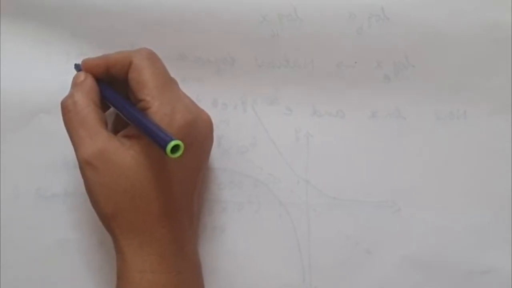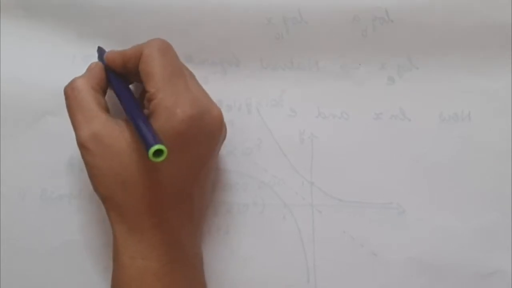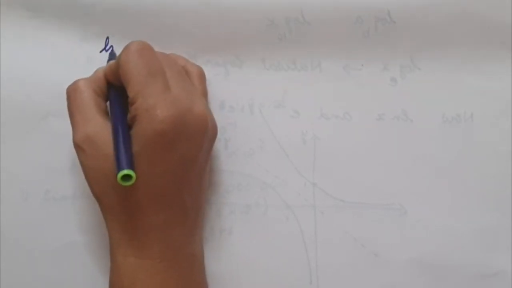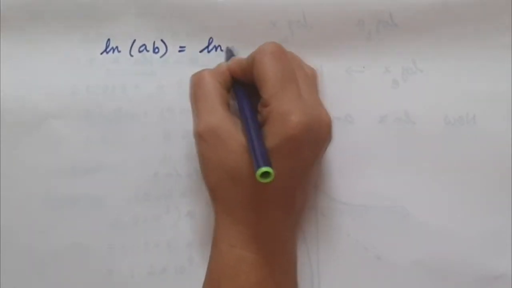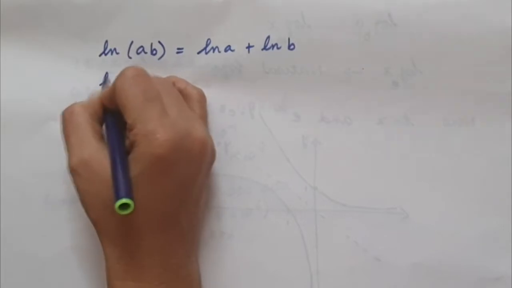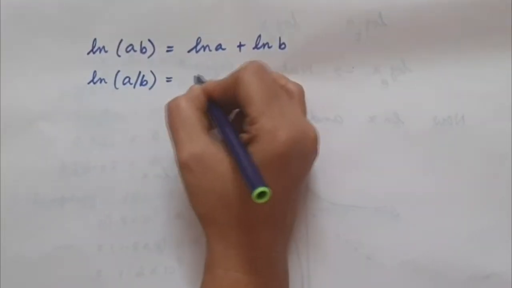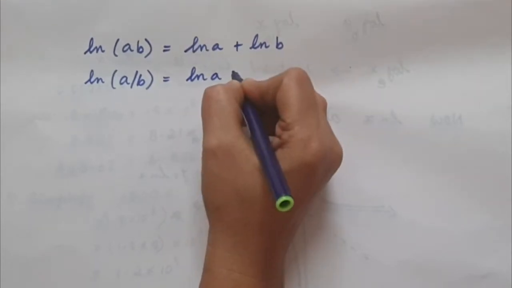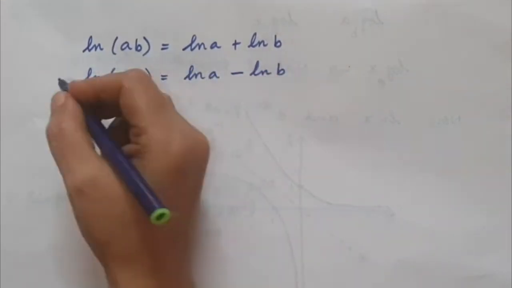The rules of natural logarithms are the same as the rules of logs. That is, ln of ab will be equal to ln a plus ln b. ln of a by b will be equal to ln a minus ln b.